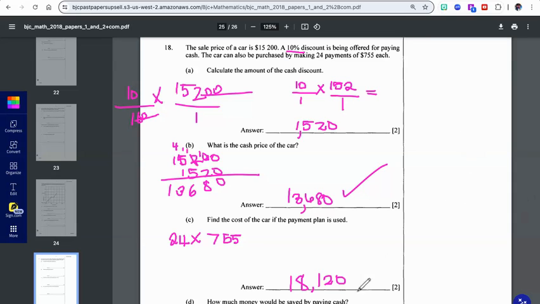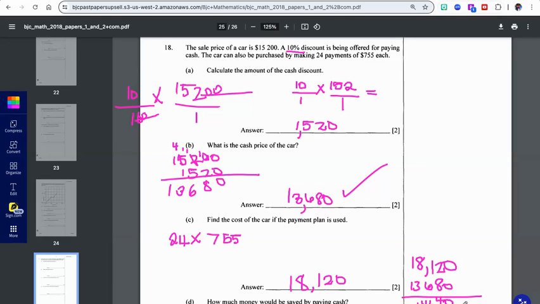Good. The rest of you, let's find it. How much would be saved by paying cash if the hire purchase was $18,120 and the cash price is $13,680, and we subtract that, then we would have 4,440. Good. So the savings would be 4,440. That's a lot of savings.